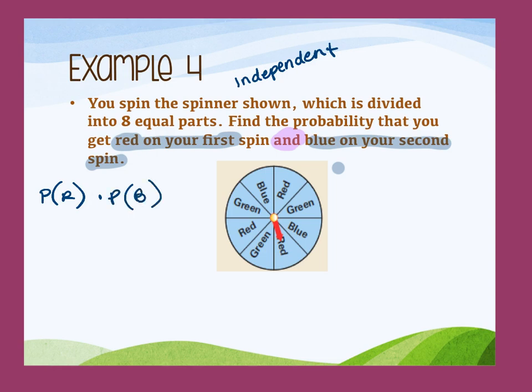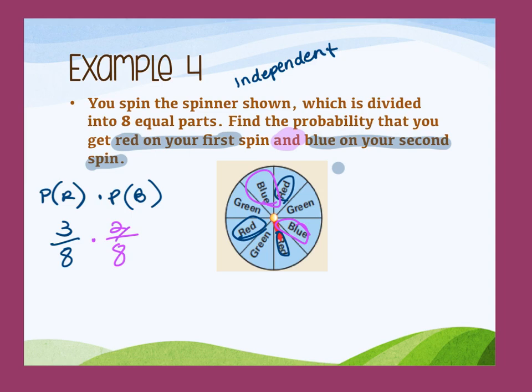What's the probability you get red? How many spaces? 1, 2, 3 spaces are red out of how many total spaces? 8, right? There's 8 total spaces. How many spaces are blue? 1, 2, out of the 8, same 8 spaces.